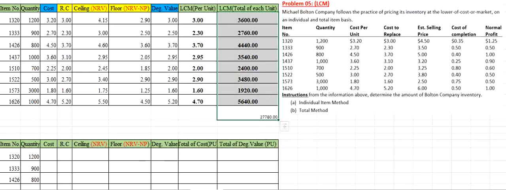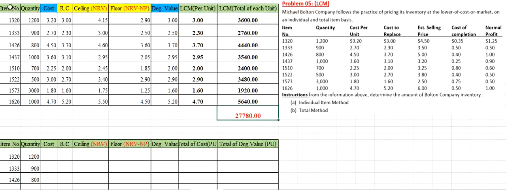We get a value of 27,780. Let me make it a little big for you, bold, in the mid, and color it. Ladies and gentlemen, this is the amount of money that will be shifted to the balance sheet.